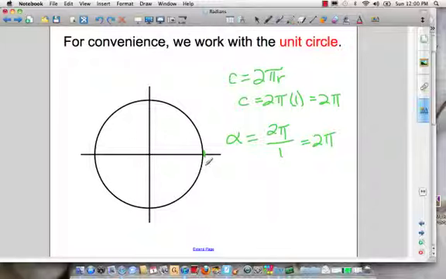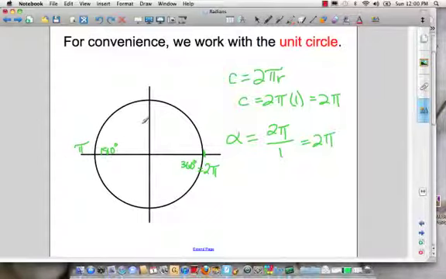So what that tells us is that if we're using radian measures all the way around the circle, what we're used to calling 360 degrees can also be called 2 pi. Logic tells us that halfway around the circle, 180 degrees, should be half of 2 pi, or pi radians.